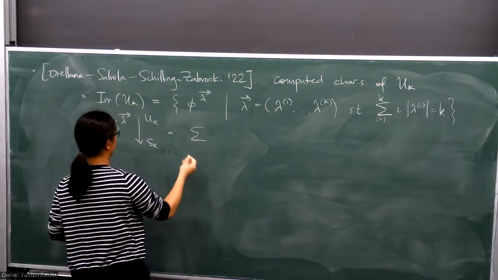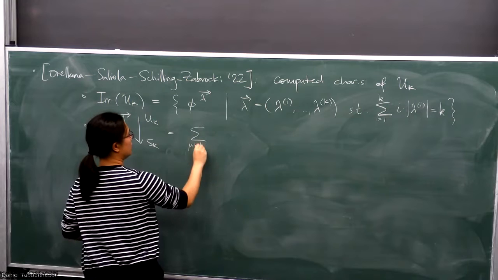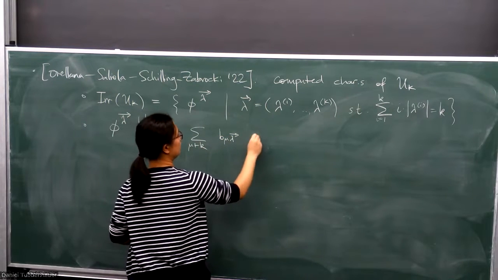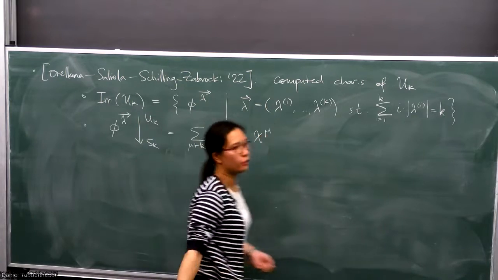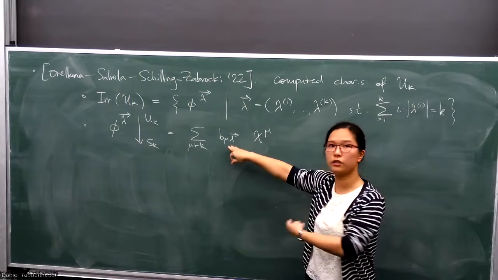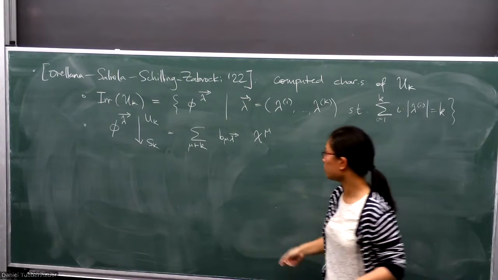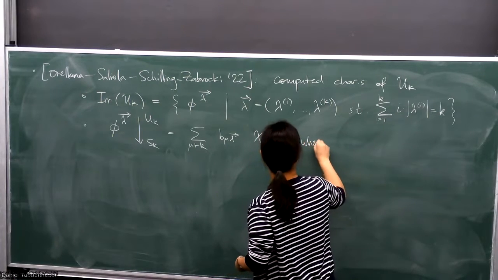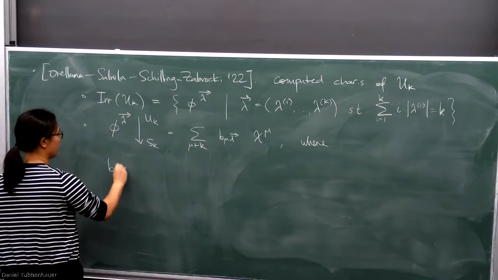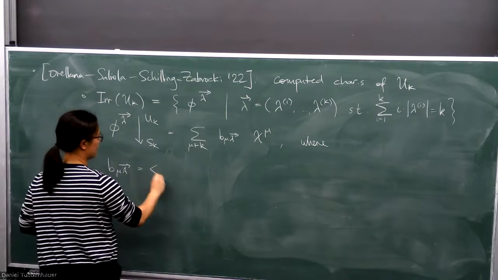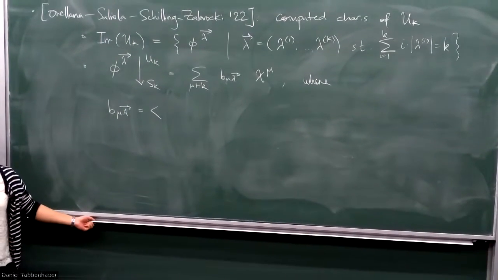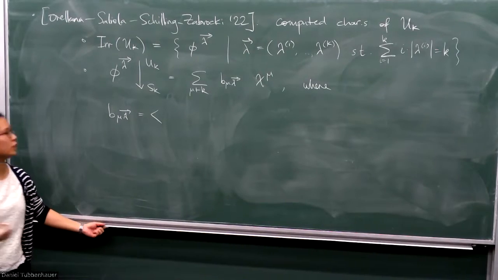we get some general expression with some general coefficients, like so. I'm running out of names here, but we get some restriction coefficients, these B's now. The point is that B mu lambda is given by the following expressions in terms of looking at constituents of products of symmetric functions.